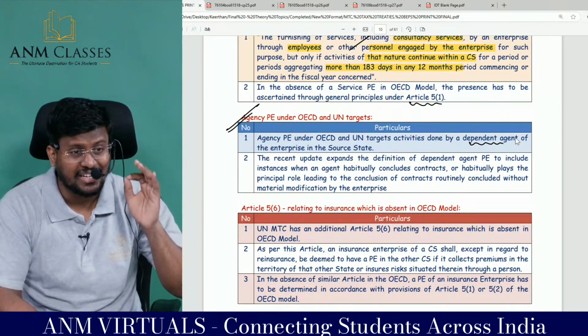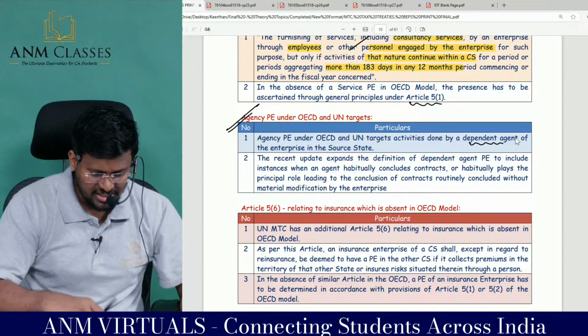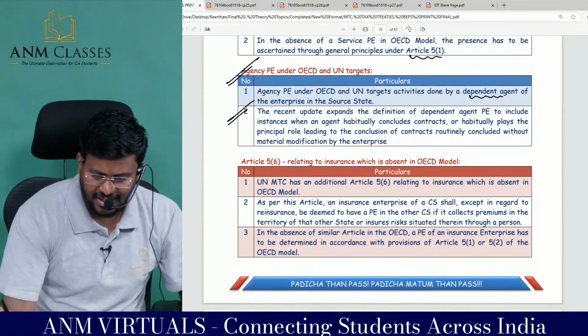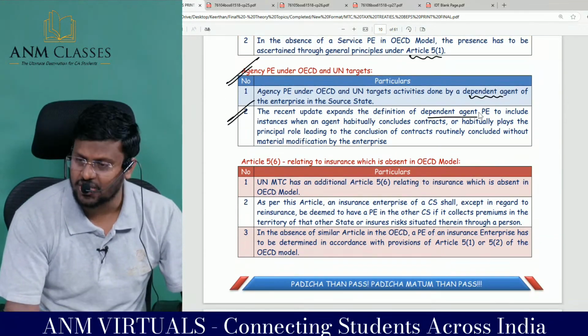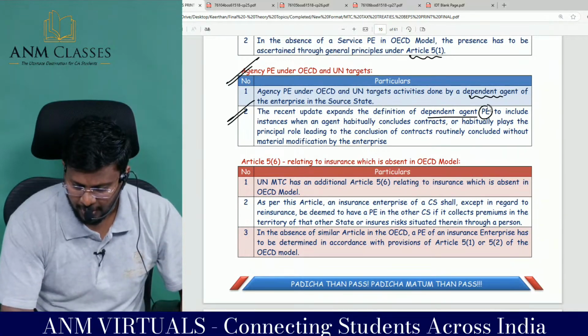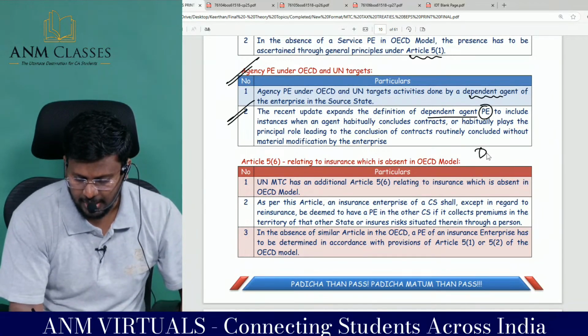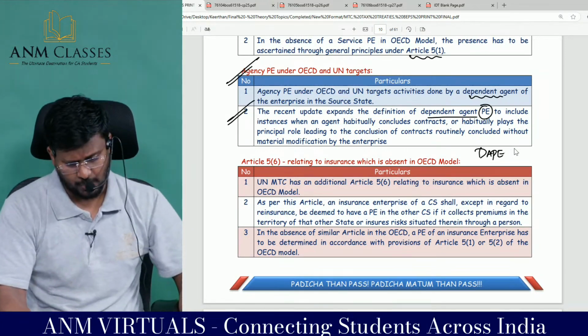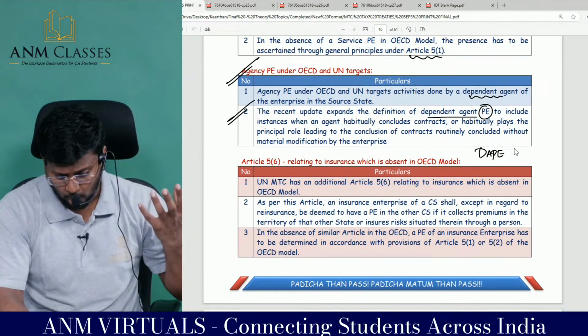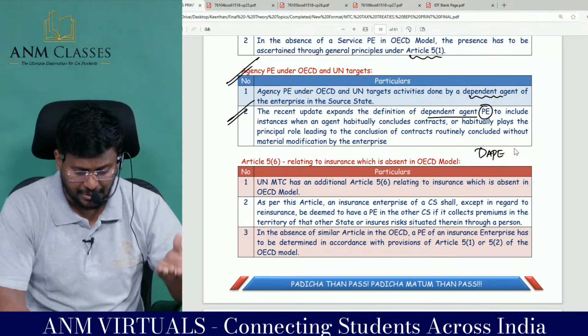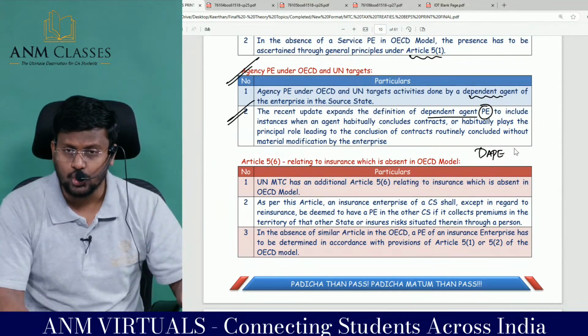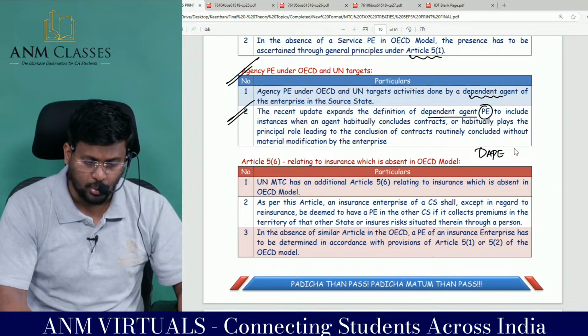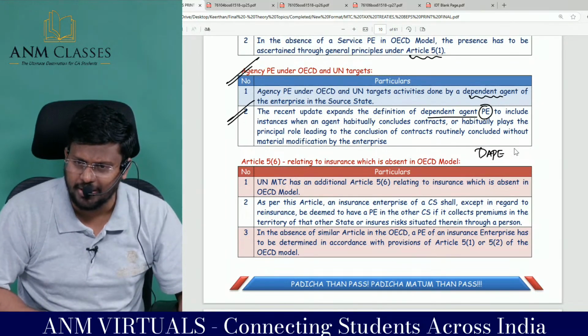That means if you have a dependent agent, this is a recent update. The recent update expands the definition of dependent agent PE to include instances when the agent habitually concludes contracts or habitually plays the principal role leading to the conclusion of contracts routinely concluded without material modification by the enterprise.